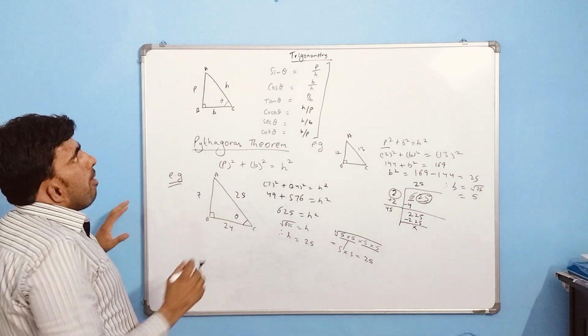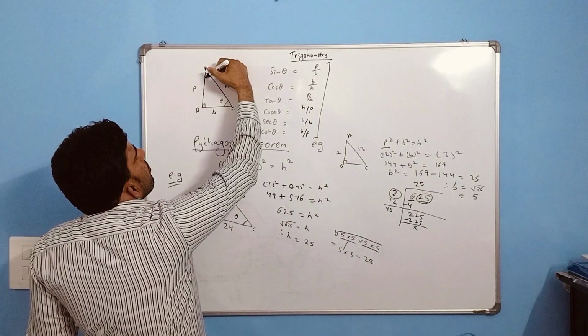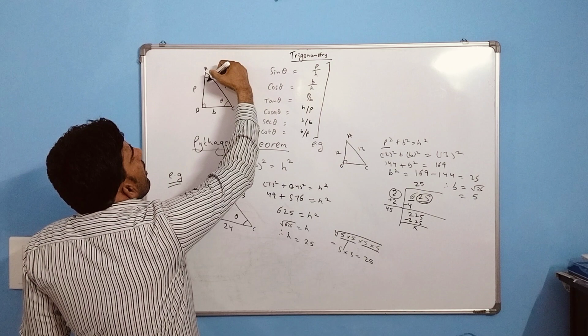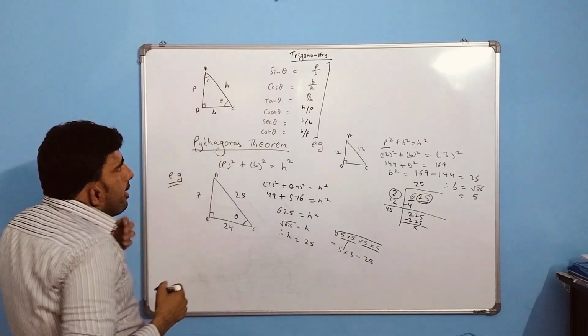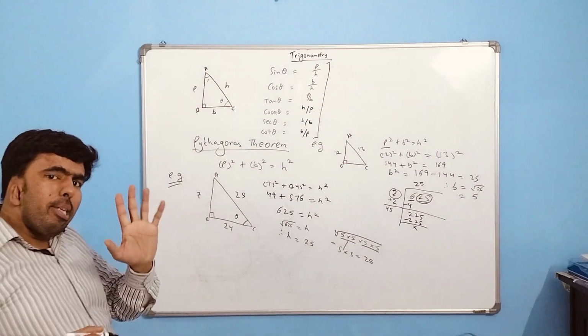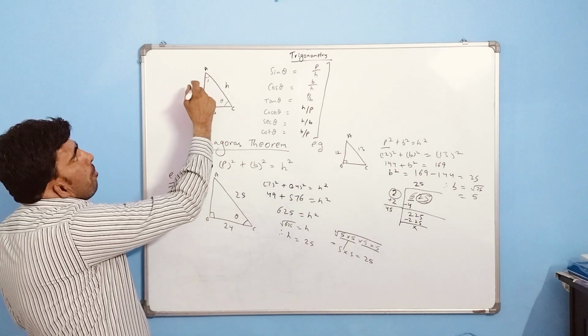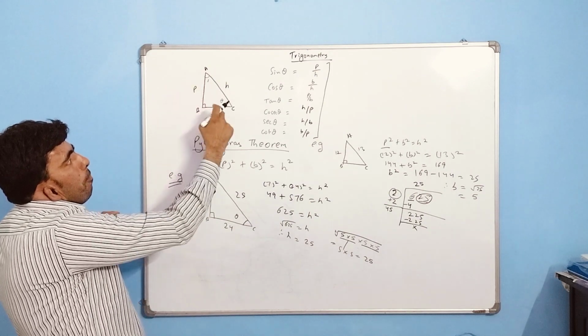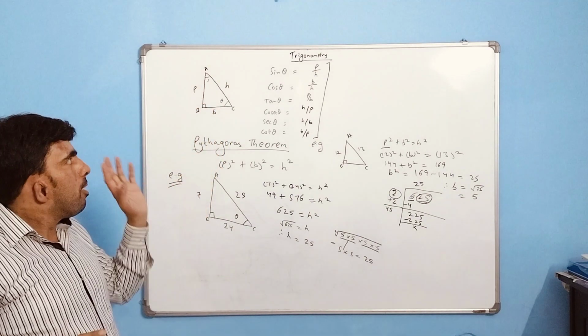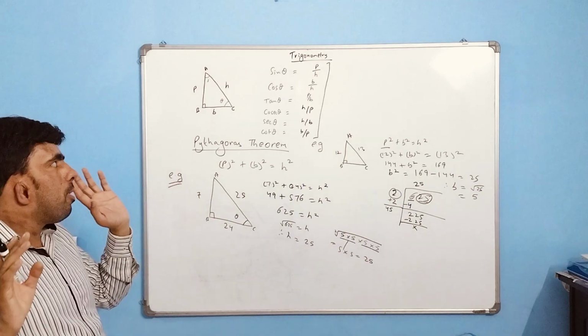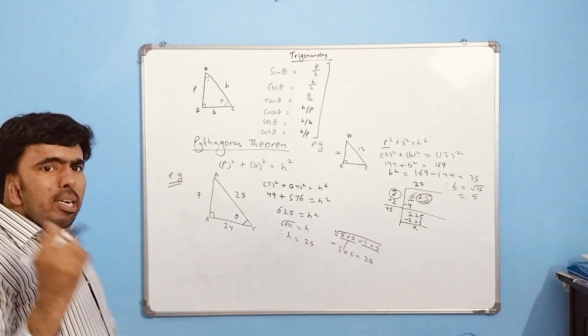But if I take this other angle, then only one thing will change. This perpendicular will become base and base will become perpendicular. Okay, the rest remains the same.